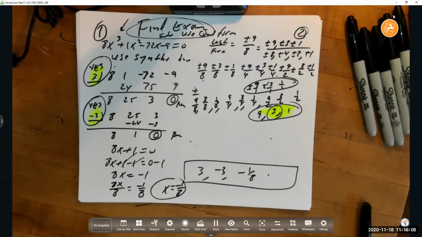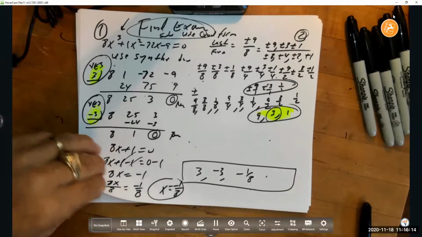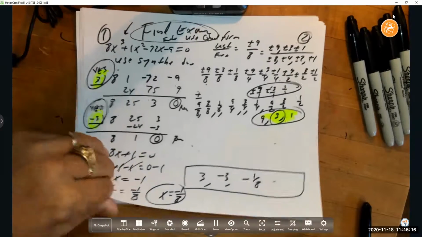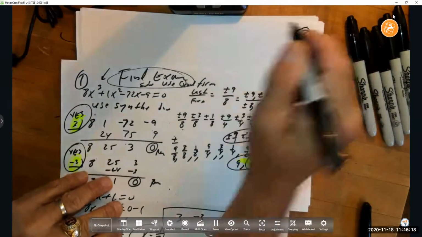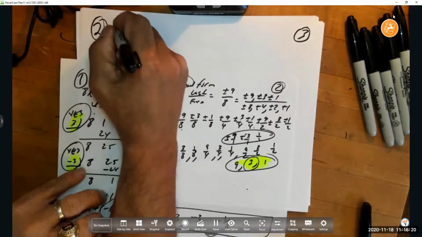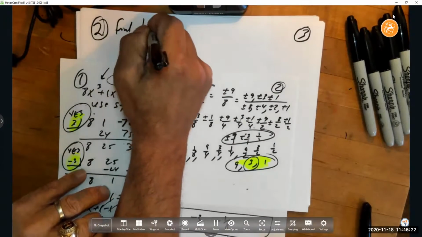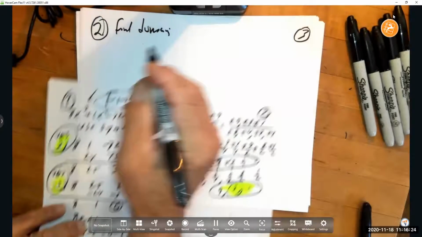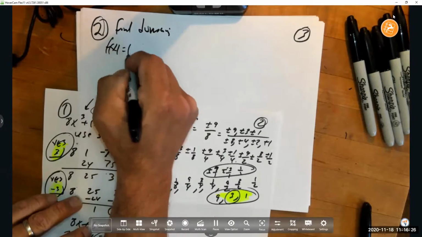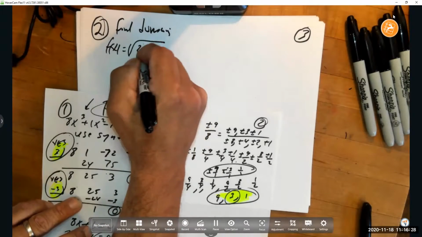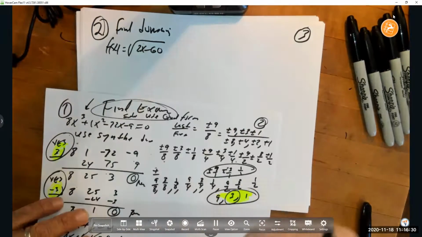All right, next one. Next one in the final review. Page 3, question number 2. Find the domain. f of x equals square root of, I'll say 2x minus 60. There you go.